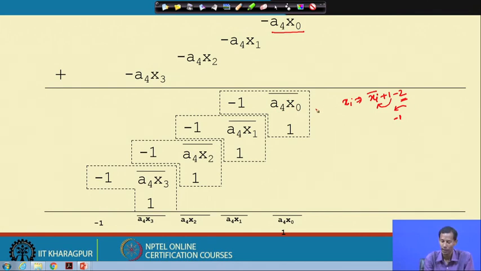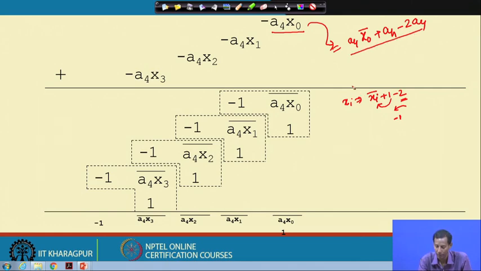Initially we were doing this as a4 x0 bar plus a4 minus 2 of a4. But now the equation is represented as a4 x0 bar plus 1 minus 2.